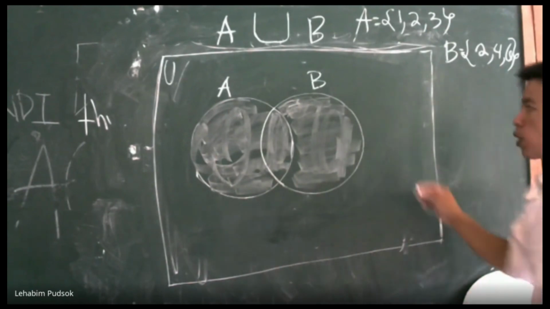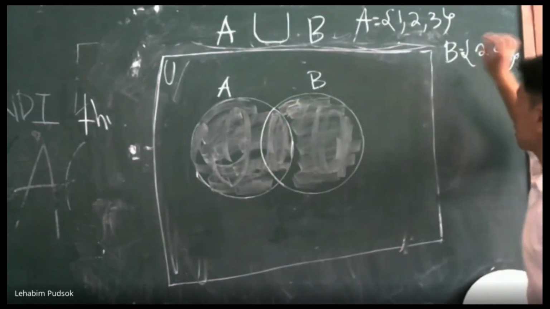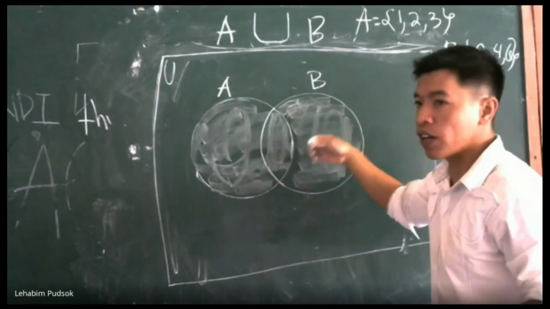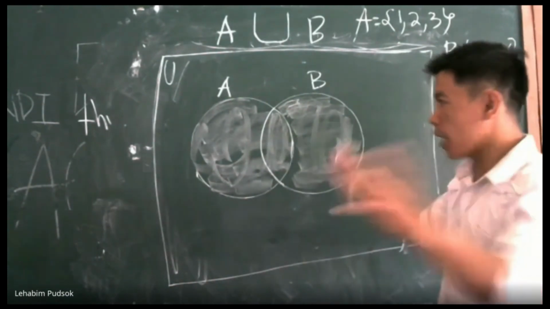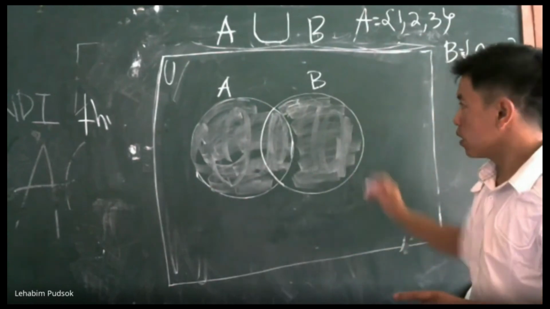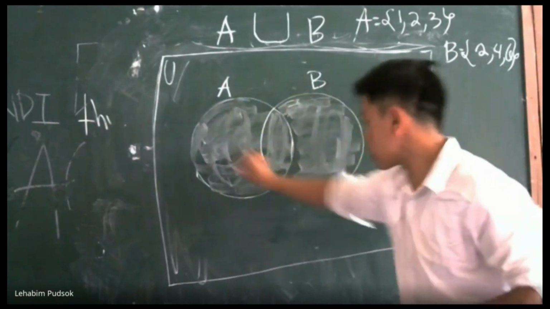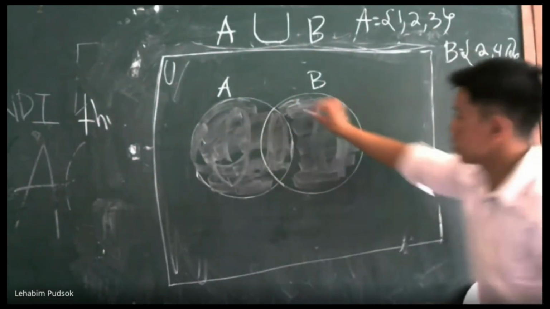If I will write, for example, without shading, I will represent these sets in this Venn diagram. If it is union, you combine everything, so you put a shaded region in this part, and then you write here what is common first.